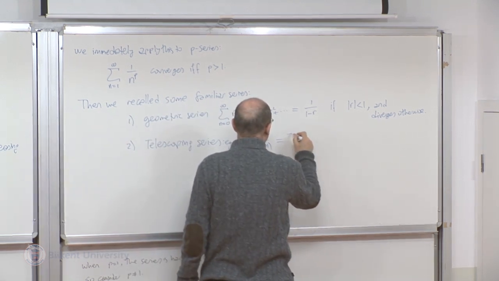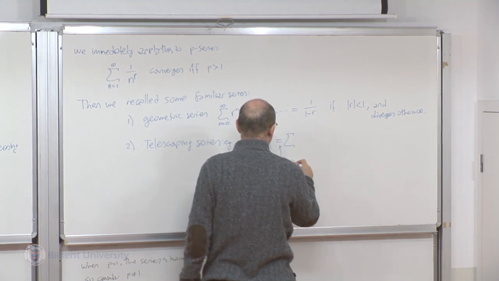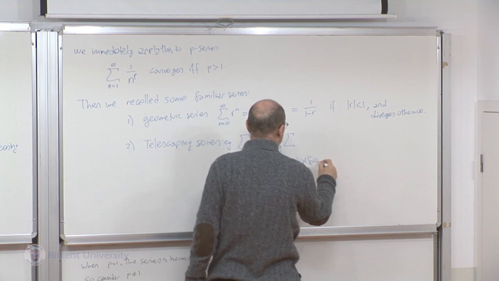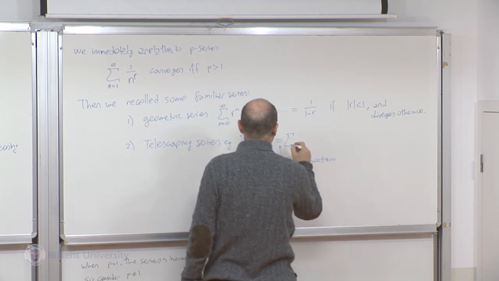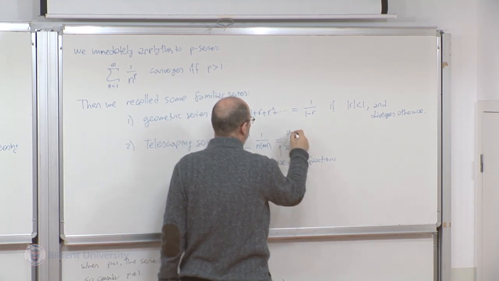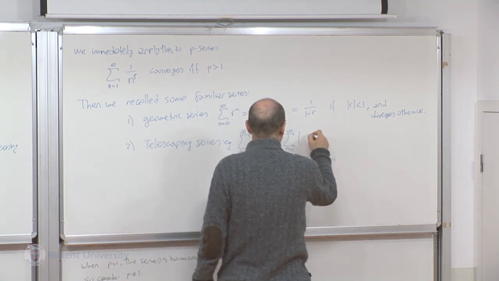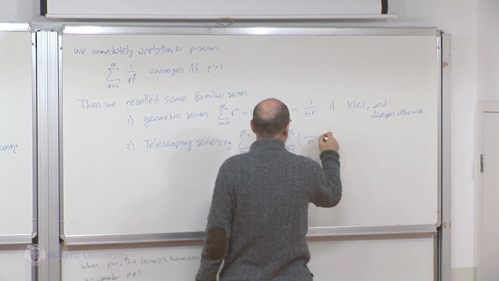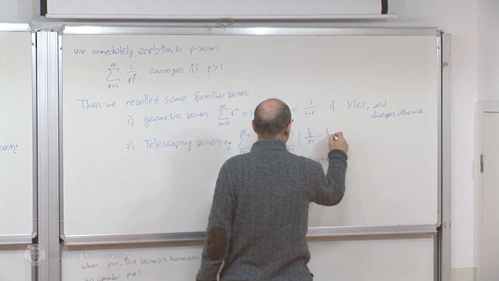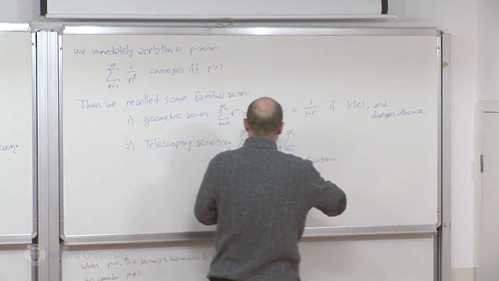Okay, so you write this thing using partial fractions. So the sum from n equals 1 to infinity. So what is the partial fraction of this? Will it be like this, or will it be just 1? Okay, so wake up.